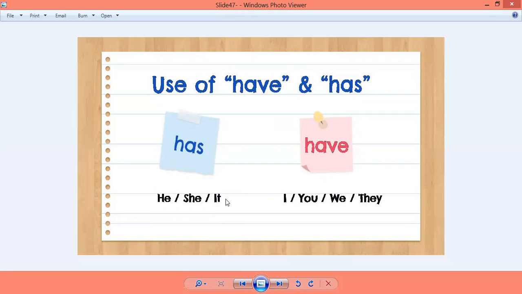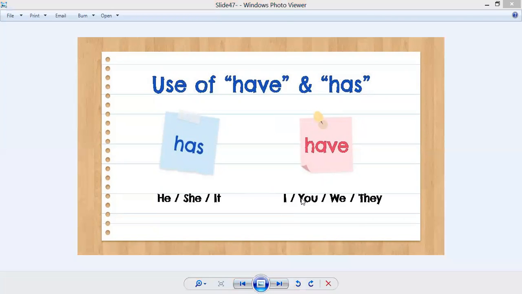Say for example, Reena has been waiting for the doctor since 2 hours. Now I used has. Reena has लगाया मैंने. Why? Reena is a girl and her pronoun is going to be she, right? So whenever there is she, has आएगा. He है तो भी has आएगा and it has. Similarly again, whenever there is I, you, we and they, have लग जाएगा.